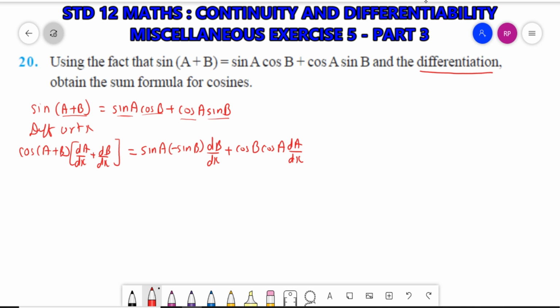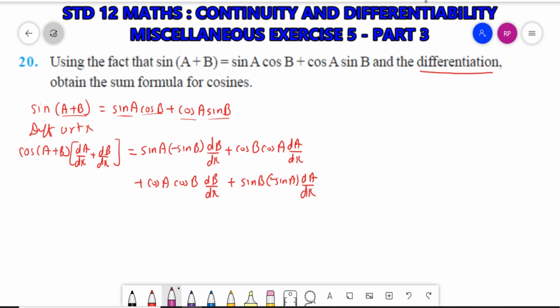Okay, cos A as it is, derivative of sin B is cos B into dB by dx, plus sin B as it is, derivative of cos A is minus sin A dA by dx.